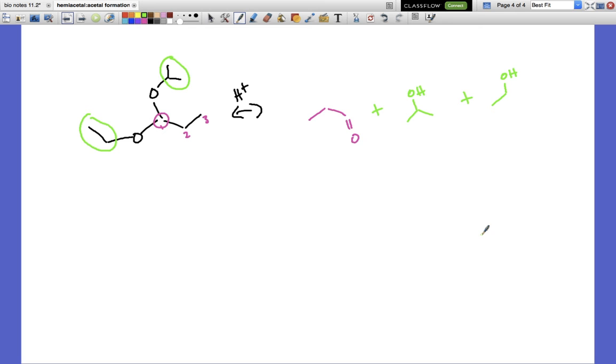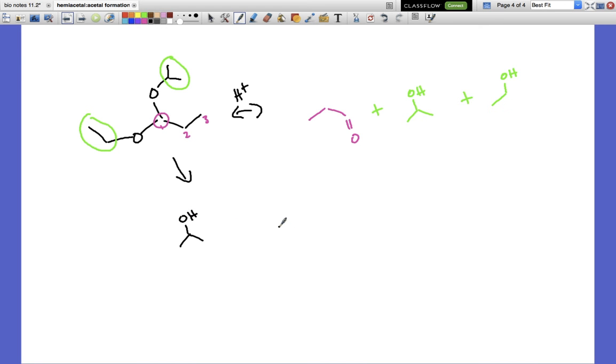Now, it kind of depends. You can do this all in one, or you can do it in a multi-step process, right? I might ask you to do it in a multi-step process. First, you're really just going to remove one of those alcohols. So you might start out by saying, okay, I'm going to take out the isopropyl alcohol, and I'm just going to leave behind a hemiacetal.